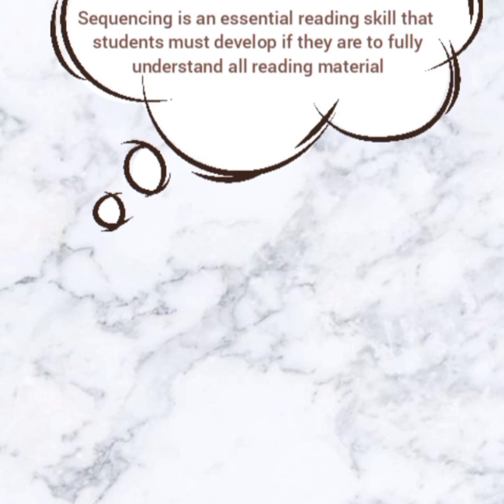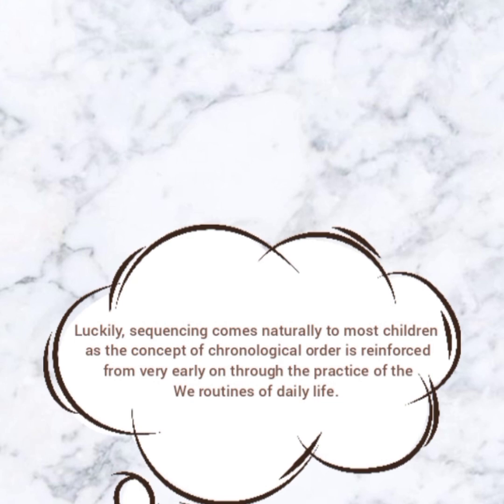Sequencing is an essential reading skill that students must develop if they are to fully understand all reading materials. Luckily, sequencing comes naturally to most children as the concept of chronological order is reinforced from very early on through the practice of the routines of daily life.